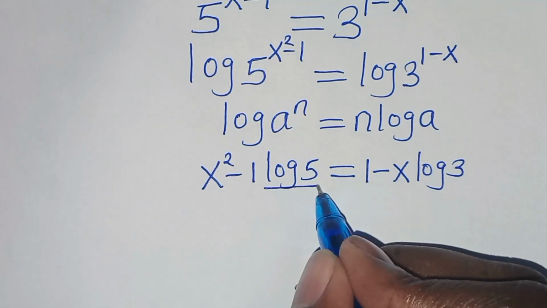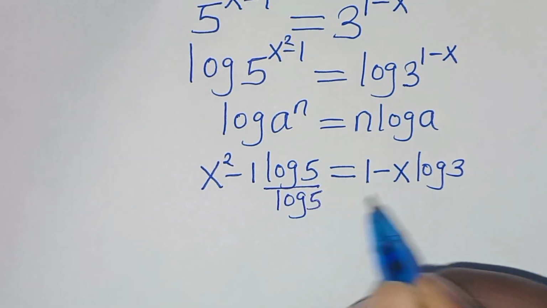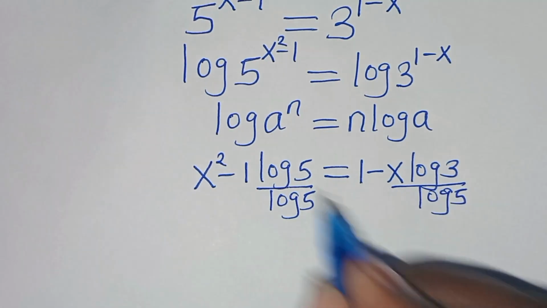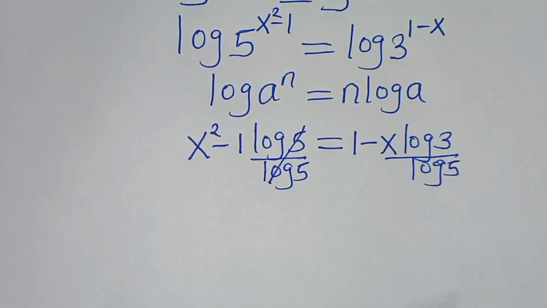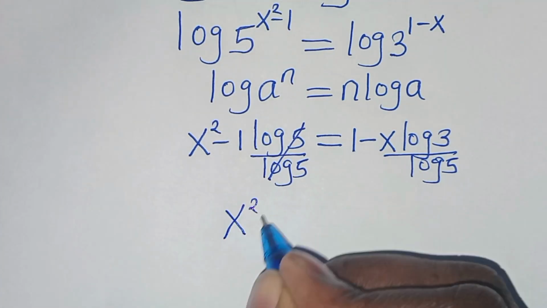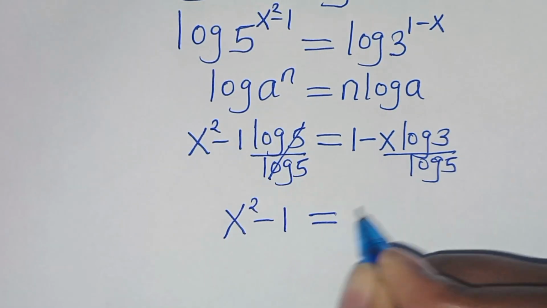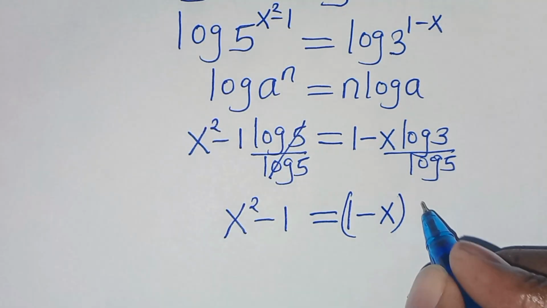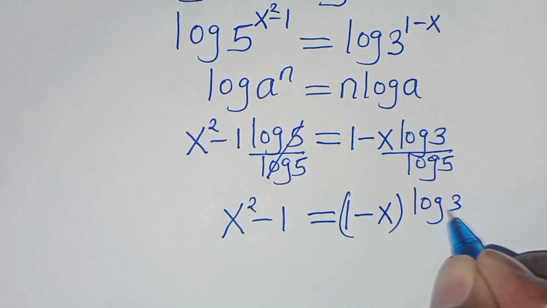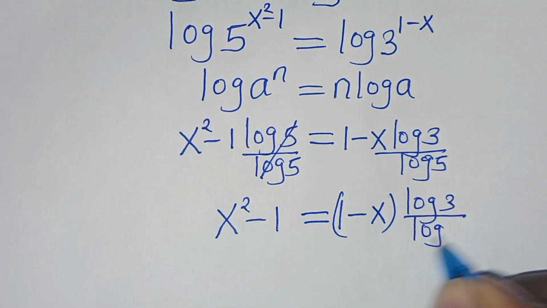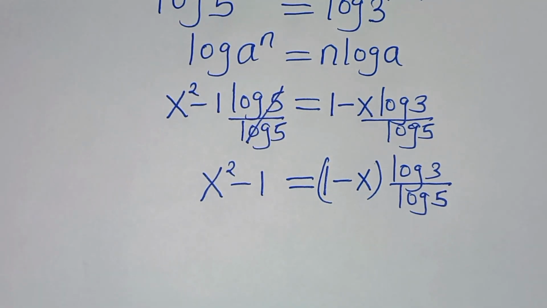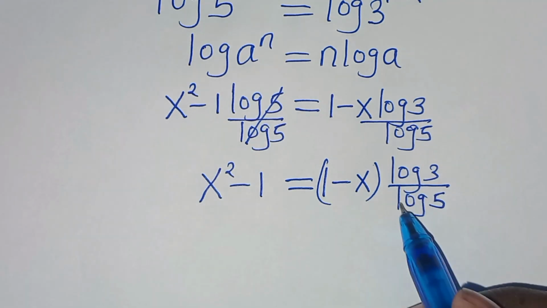Let's divide both sides by log 5. Log 5 simplifies so that we have x squared minus 1 equal to 1 minus x, times log 3 divided by log 5.